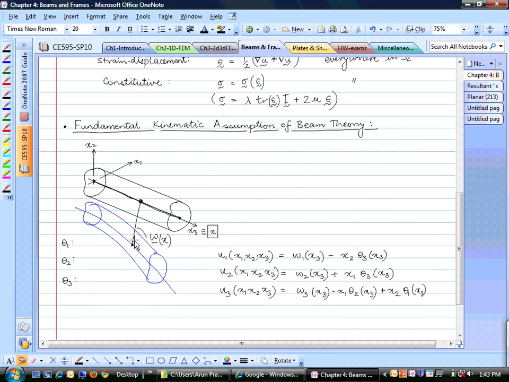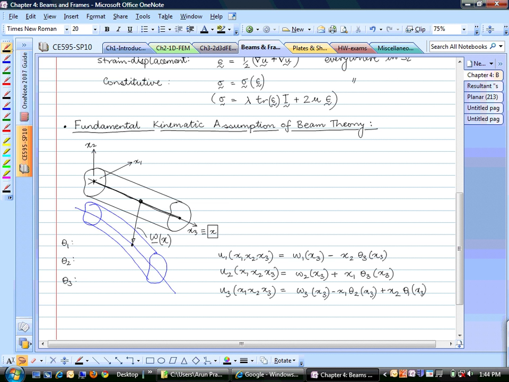And that displacement is given by the vector W, which is a vector function of a scalar variable x, where x is defined as the x3 coordinate. So essentially what we're saying is, if we have a beam along x3, if we can find what this W is, we know where each and every point of this beam goes.